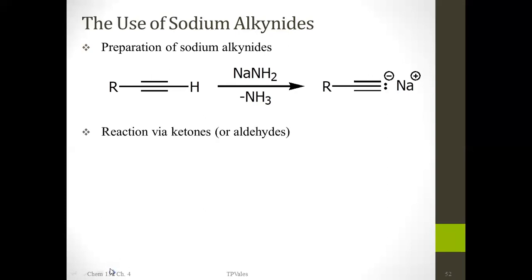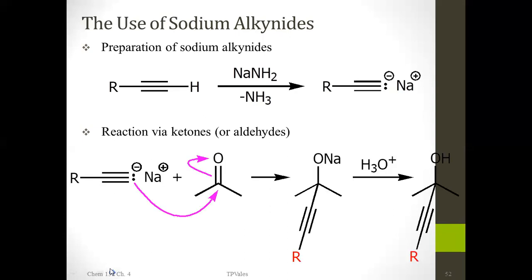So for that, it can also be our source of nucleophile to attack your carbonyl carbon. So once you have that, the sodium alkynide can be used as our nucleophile to attack your carbonyl carbon. We use the electrons here to attack the carbon here.